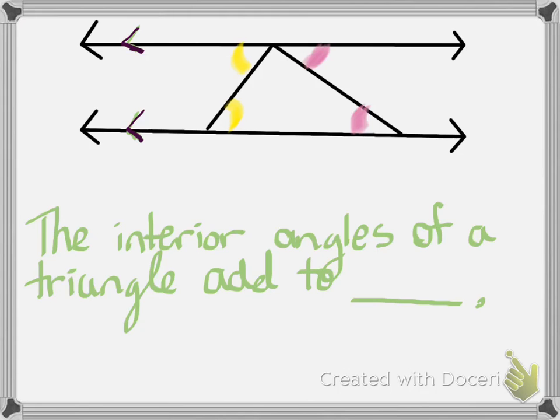So if yellow matches yellow and pink matches pink, and all three of them on this line make a straight line, and we know a straight line makes 180.